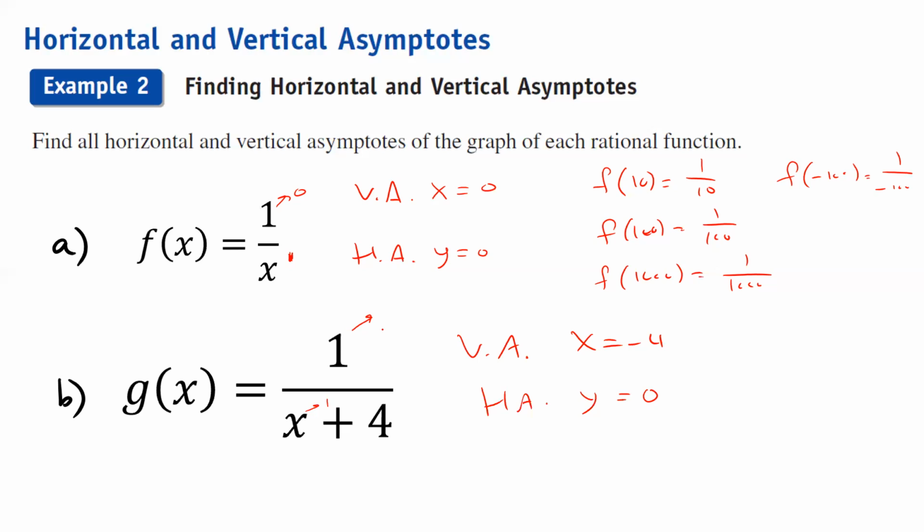Because then you'd have an improper fraction. Whenever I say degree 0, what I really mean is any x values. The degree of the polynomial on top is 0. The degree of the polynomial on the bottom is 1, because technically the degree of x is 1, the exponent sitting as a 1. But the degree of the polynomial on top is 0. Any number to the 0 power is just 1, right?